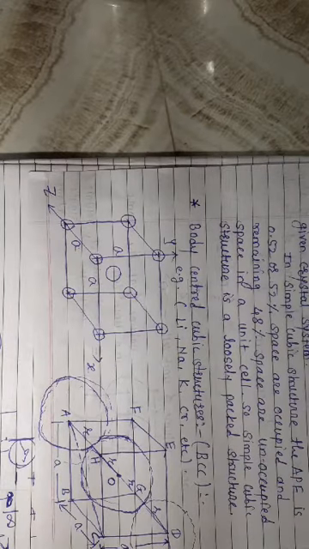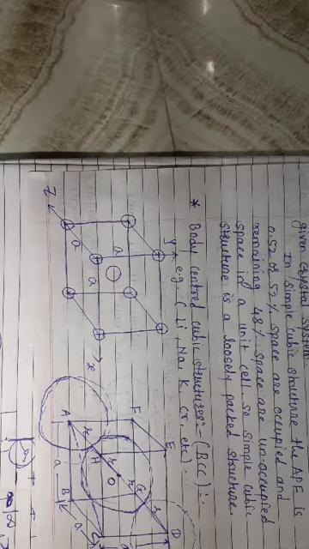Then the next structure is the body centered cubic structure, or BCC structure. Lithium, sodium, potassium and chromium are materials that show the BCC structure.